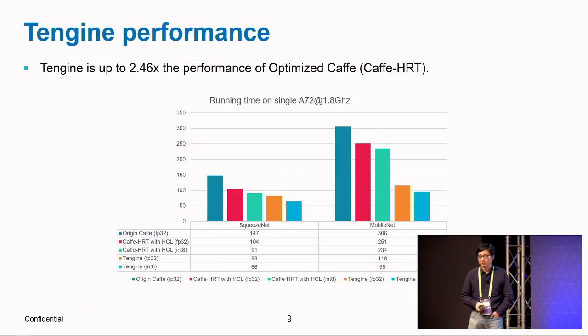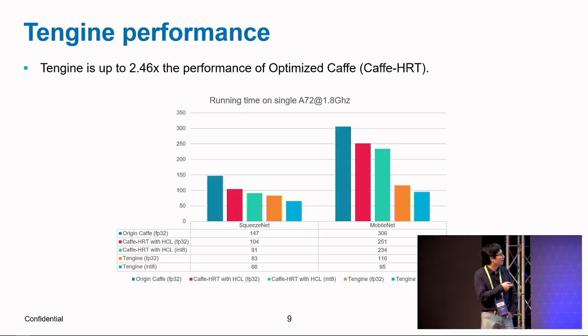This performance just compares the CPU's performance. We compare Caffe and the optimized Caffe and T-Engine. We compare the floating point, and also compare the quantized. You can see we get better performance.